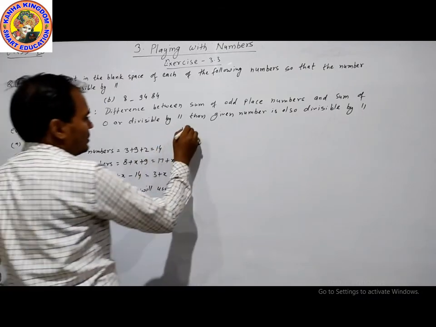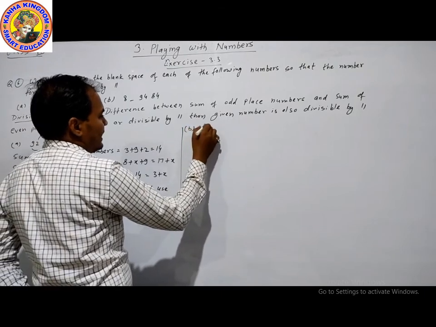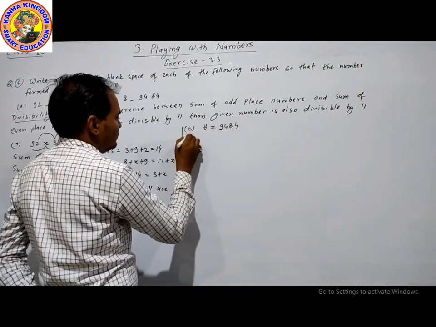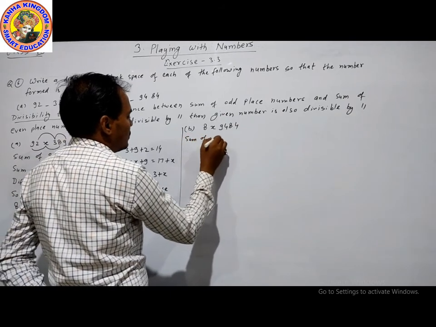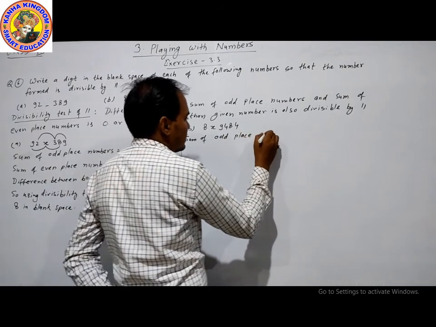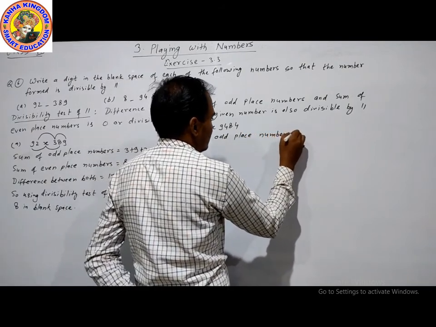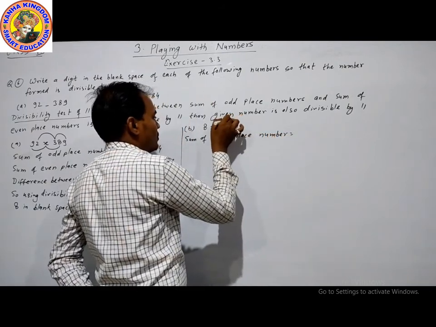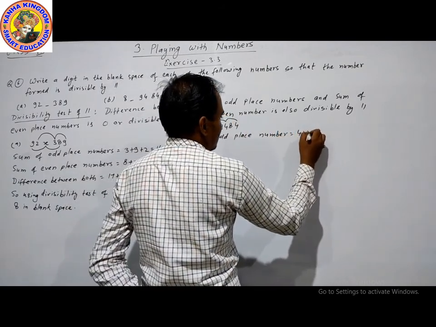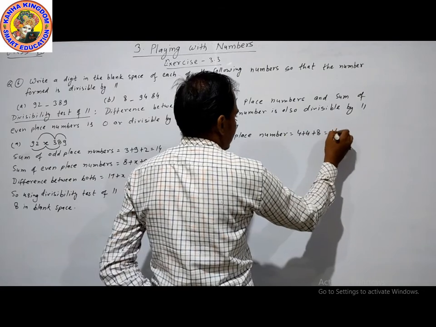Taking next B, 8, x, 9, 4, 8, 4. Sum of odd place numbers: 4, 4, 8. 4 plus 4 plus 8 is 16.